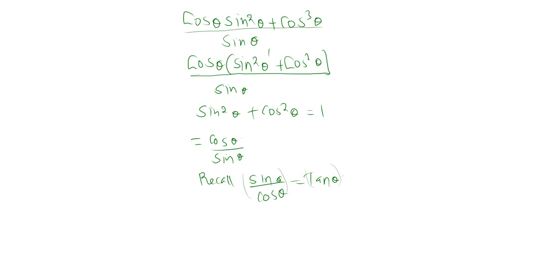So this is the reciprocal of this, and therefore our cosine theta over the sine theta should be equal to 1 over tan theta, which is given as 1 over a. So because tan theta is given as a, this one will be equal to 1 over a, and we've shown.